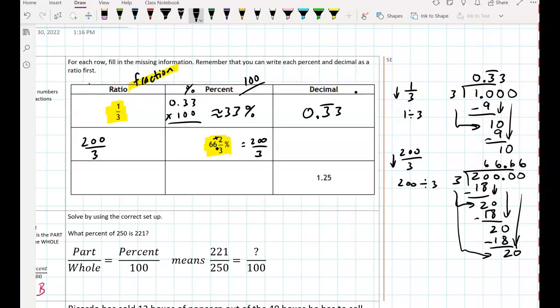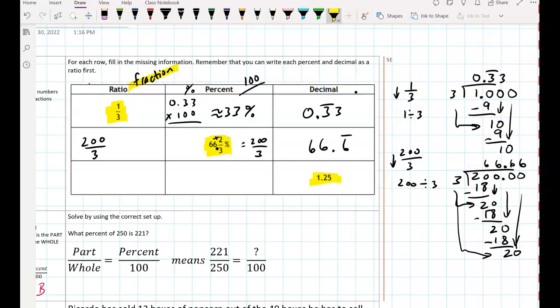You can see this is just going to keep on repeating, right? So we are good to go. We can write our decimal as 66.6 repeating. Okay, see how easy that was? This is awesome.